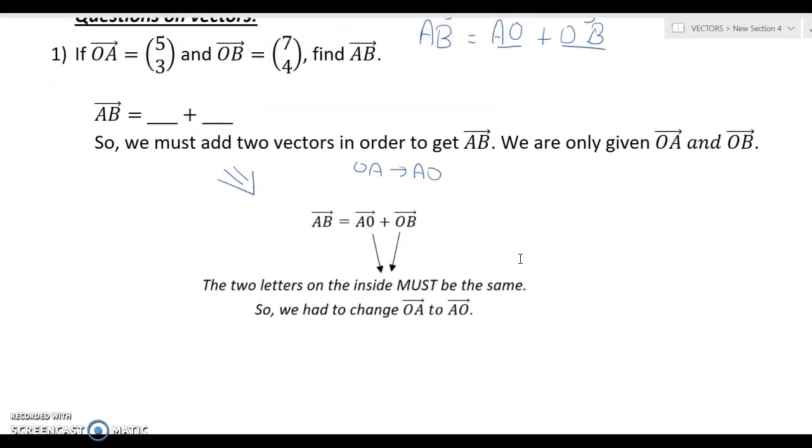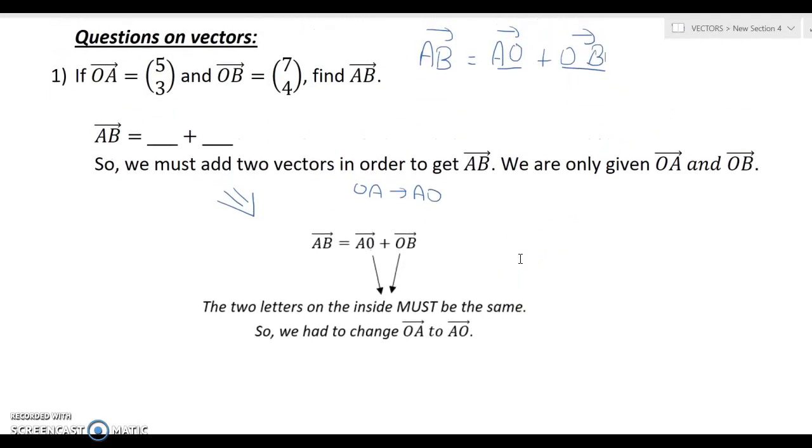Now let's look at what we do next. We have AB is equal to AO plus OB. Now, we know vector OA is (5, 3).